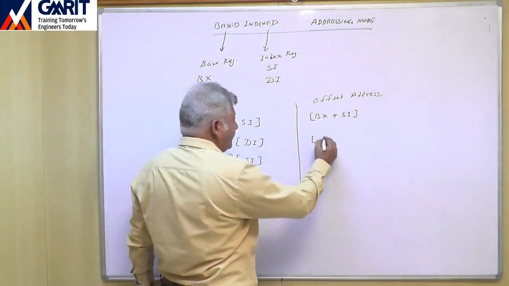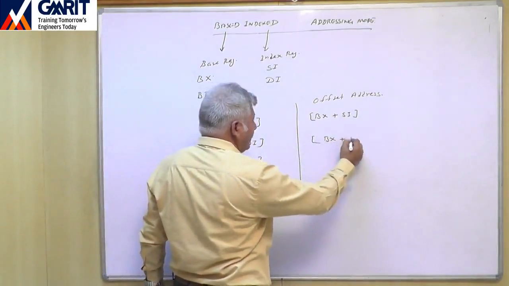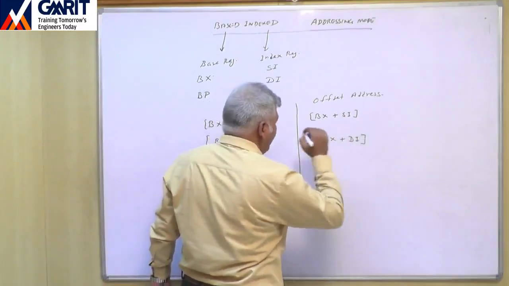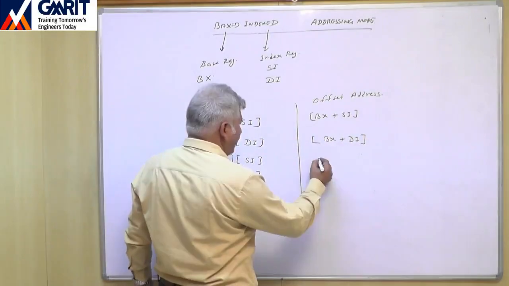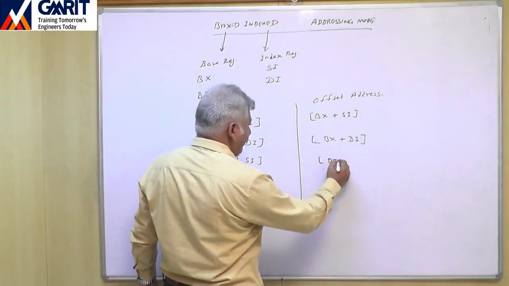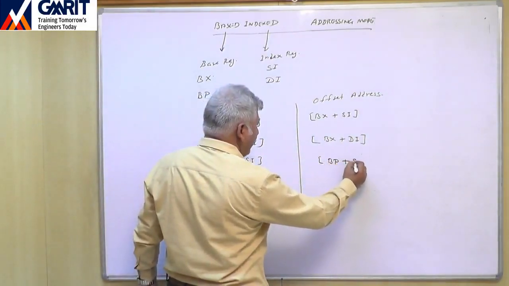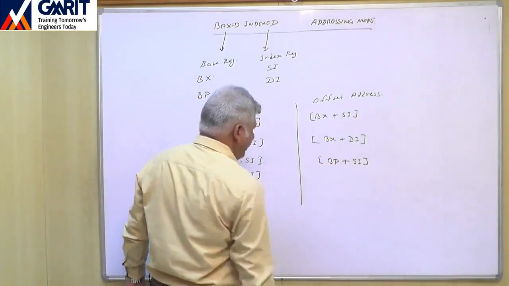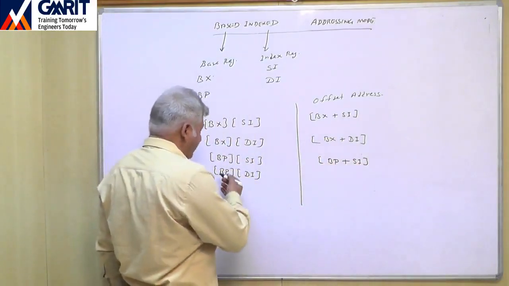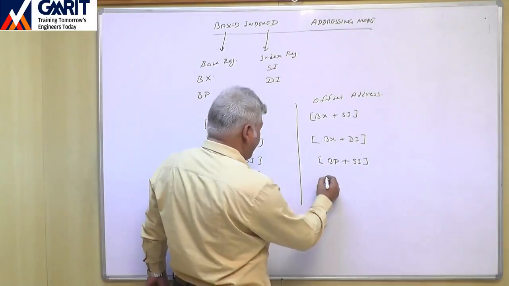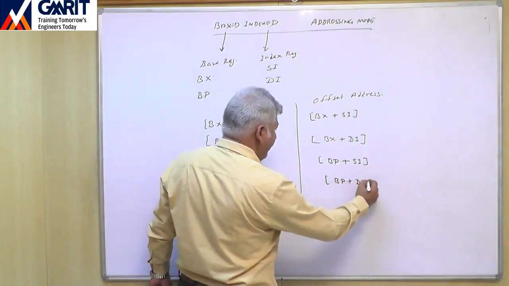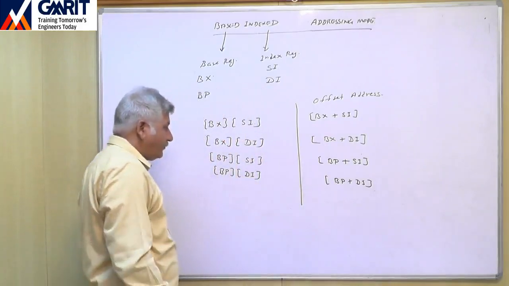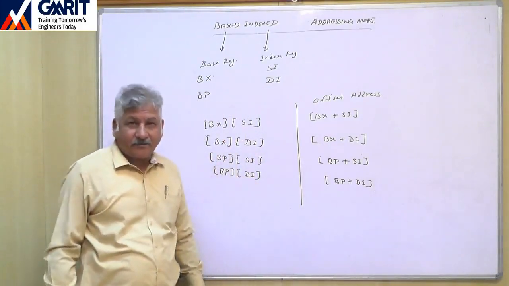For the second case, the content of BX plus the content of DI will form the offset address. In the third case, the content of BP, the base pointer, and SI will form the effective offset address. And in the fourth case, the content of BP and the content of DI, when we add them, will be the offset address.